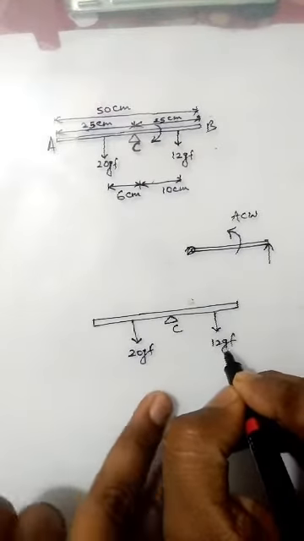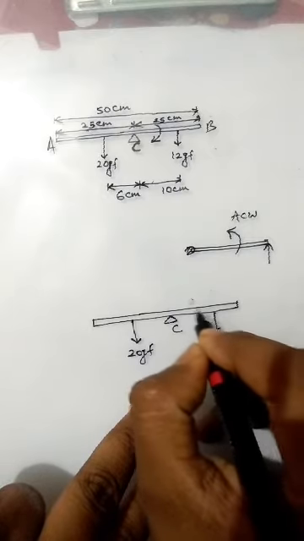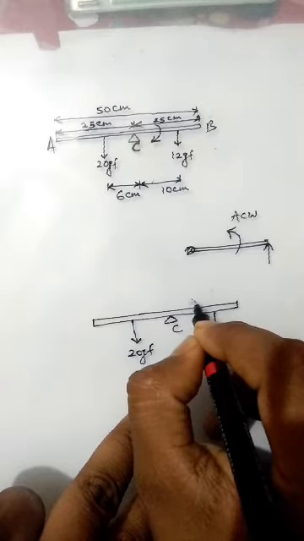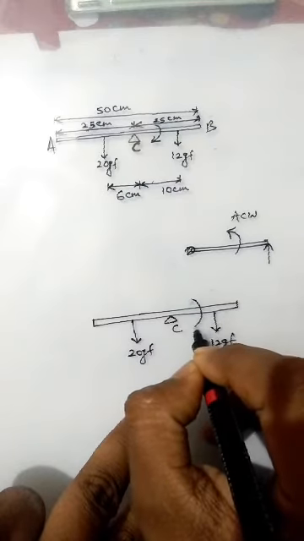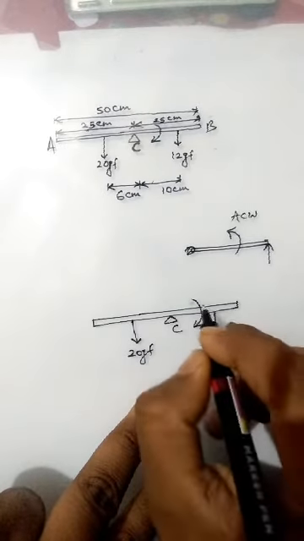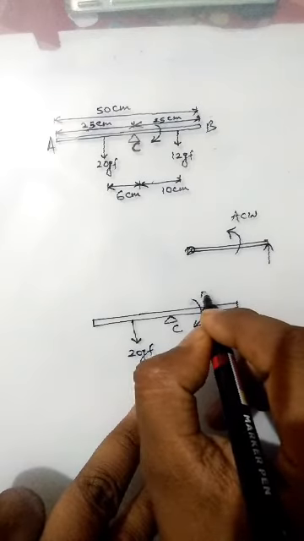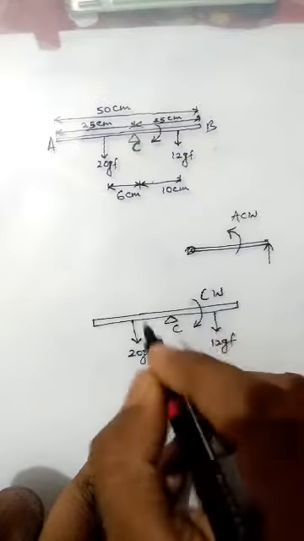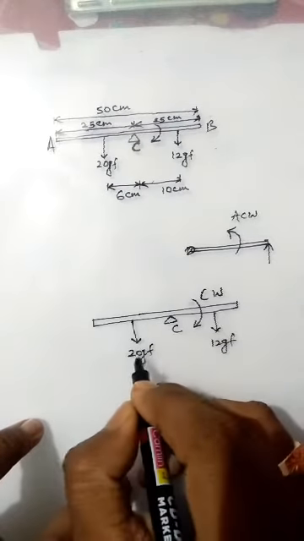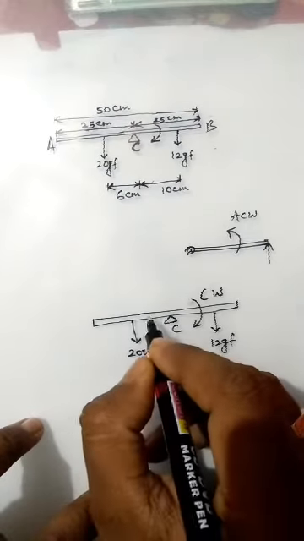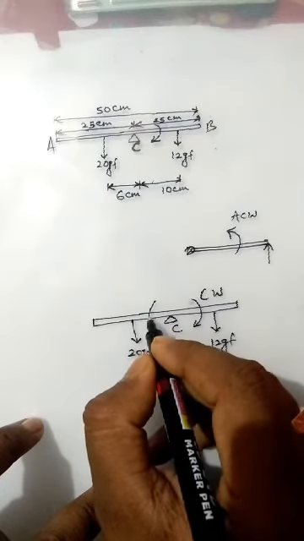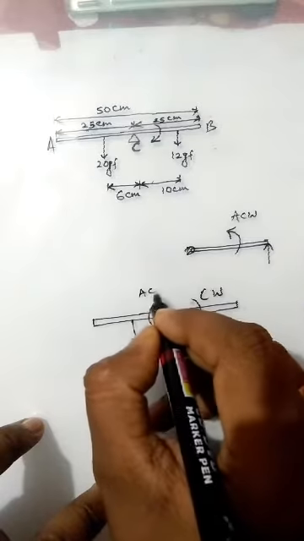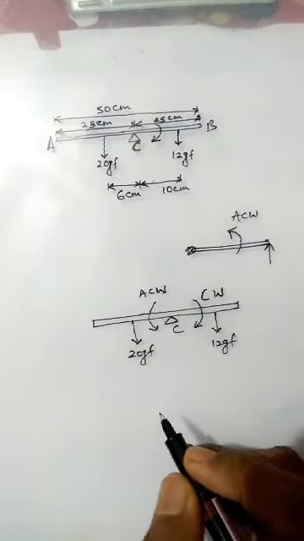The 12 GF force will be trying to rotate the meter scale in downward direction, in clockwise, whereas the tendency of 20 GF force is trying to rotate in this direction, which is anti-clockwise direction.